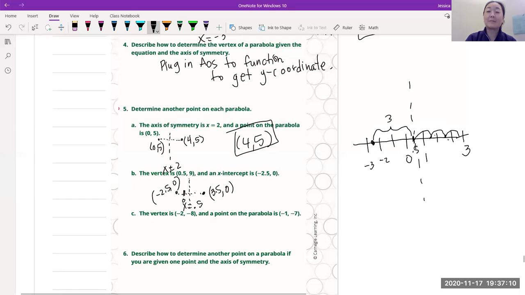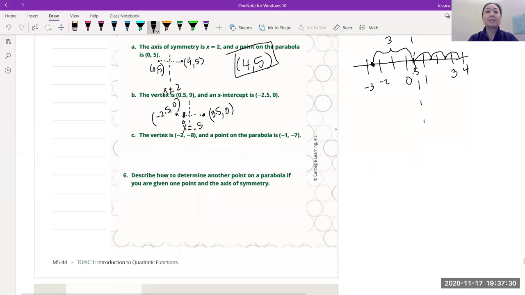Oh, I made a mistake. Do you see my mistake? I totally labeled this wrong. So this is 1, 2, and 3, and that's 4. So yes, that's 3.5. Okay, so 3 units to the left, 3 units to the right.